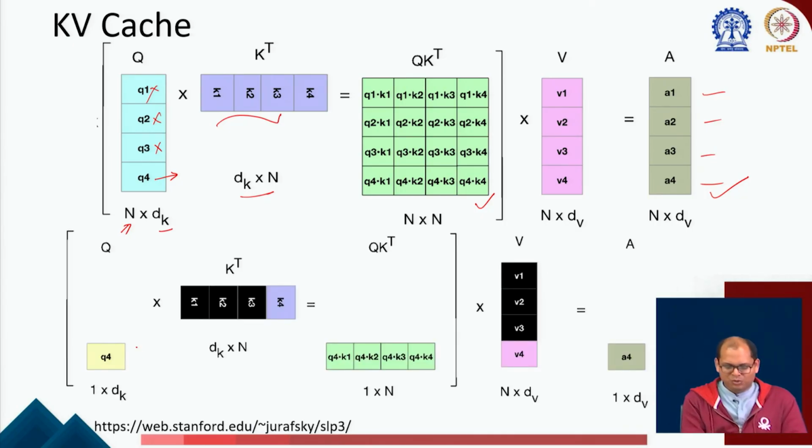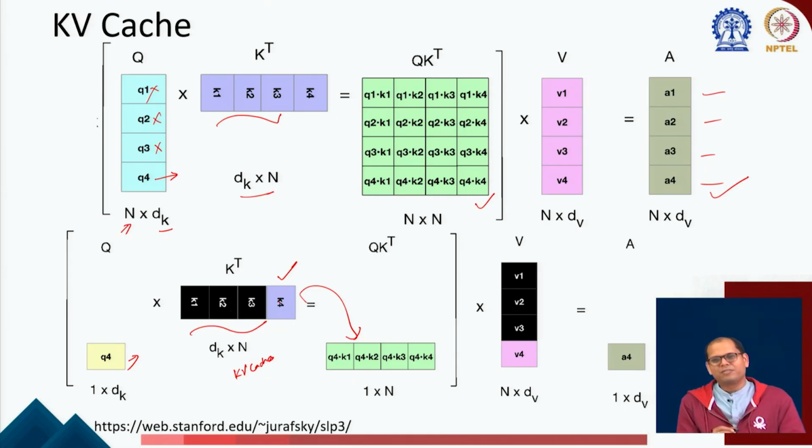I am doing inference at the decoder, so I have a new query and I need to multiply it with all the keys. K1 to K3 are already in the KV cache. I retrieve K1, K2, K3 from the cache, compute K4, and I get this matrix, these values.